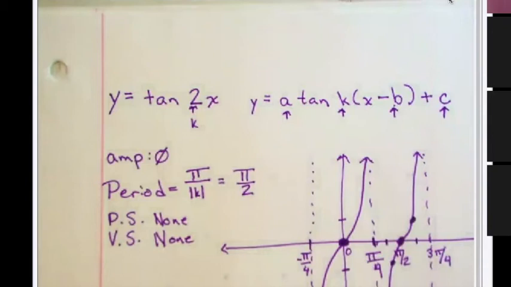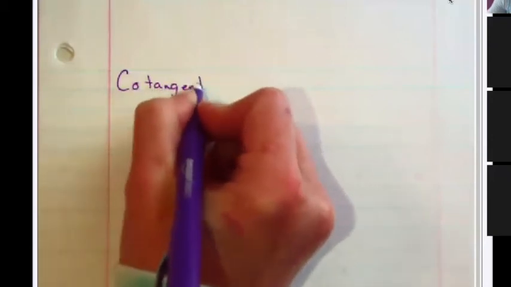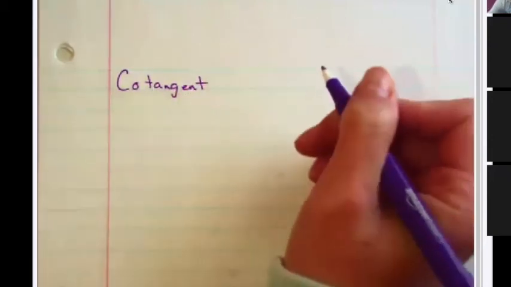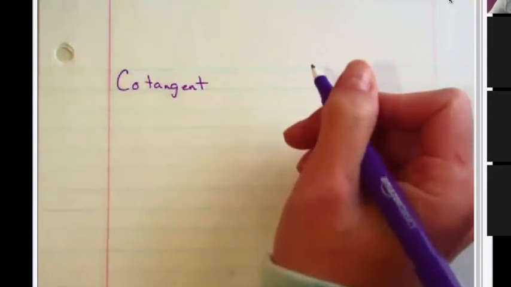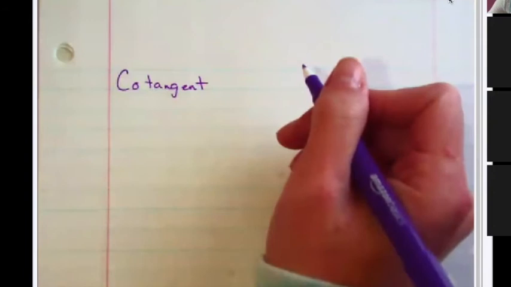Okay, so let's look at cotangent. So cotangent also has breaks because tangent is sine over cosine. Cotangent is cosine over sine.